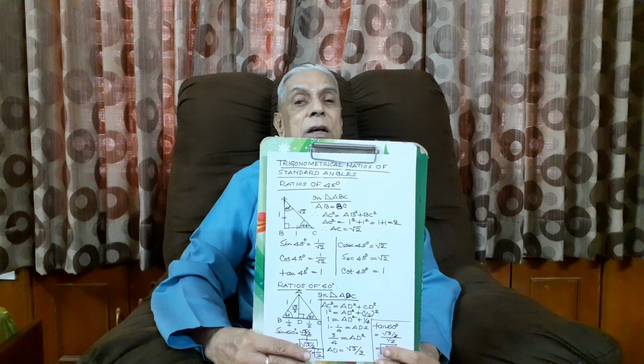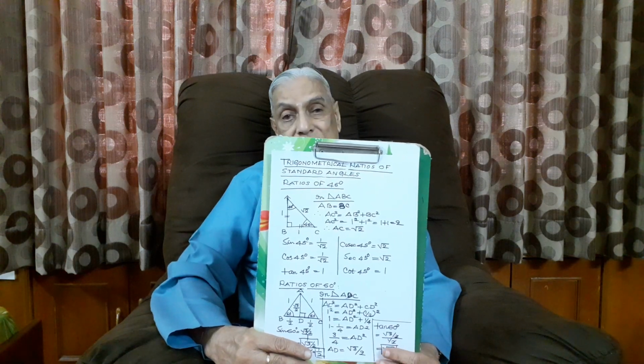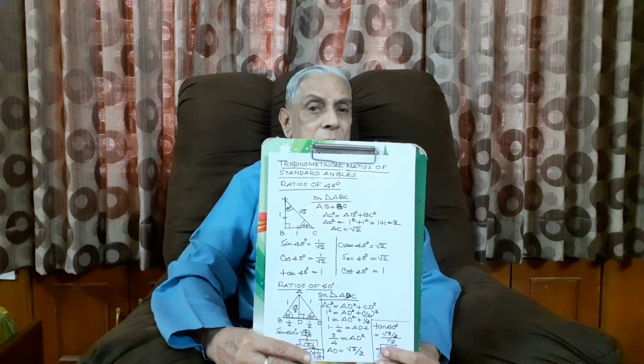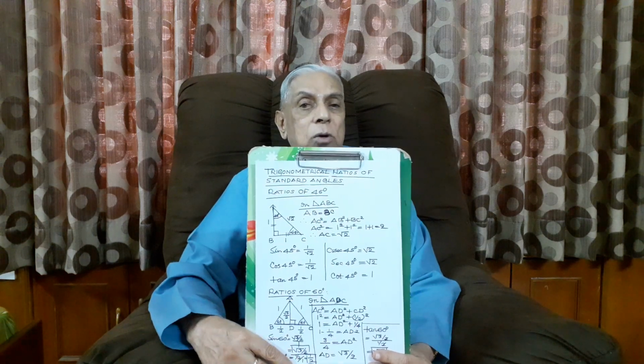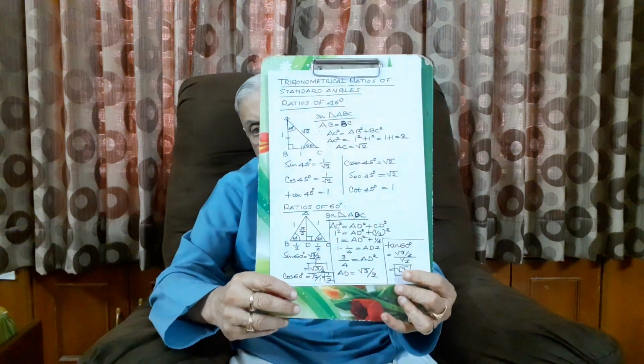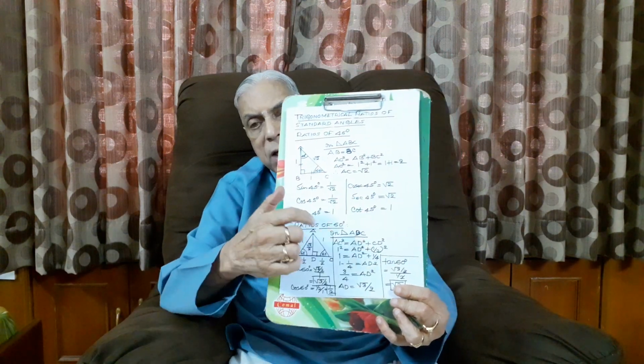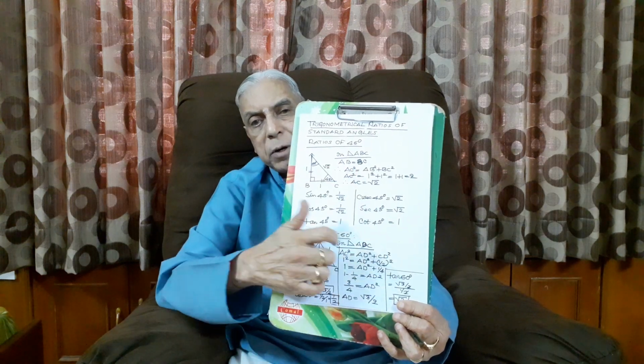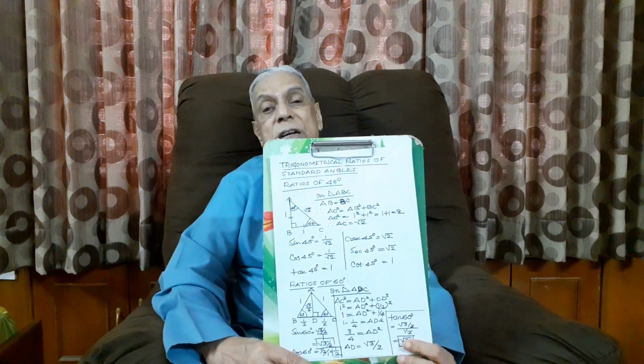And what happens then? You get two right angle triangles, one on this side and one on that side. So here you must understand that ABC is an equilateral triangle with base BC, and D becomes the midpoint.